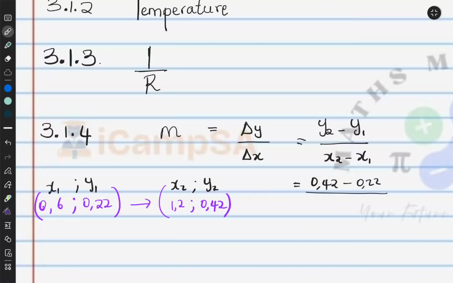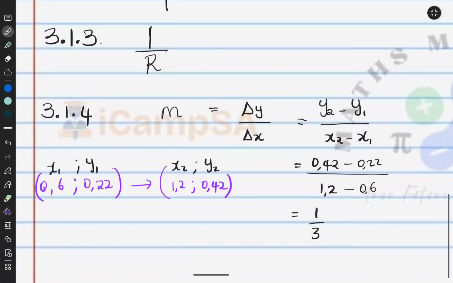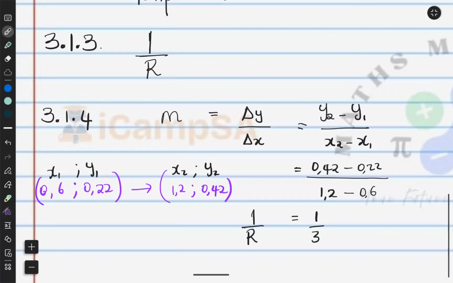Now x2 is 1.2 minus 0.6. So I will get 0.2 divided by 0.6. It's 1/3 right there. Yes, this is 1/3. So this is 1/R.